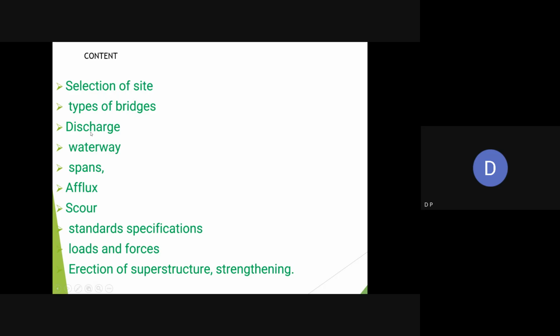Then we have to provide openings to that particular bridge based on the discharge requirement.